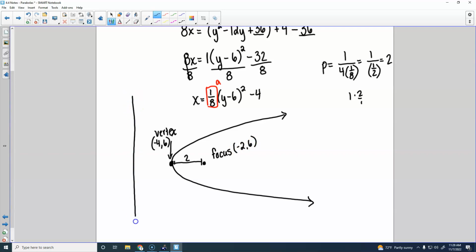The directrix over here, that is a vertical line, so it's going to be x equals, it is 2 units to the left, so we're going to have -6. And then our last thing that we've got to find is our axis of symmetry. It is a horizontal line, which is y equals, and our y coordinate there is +6.